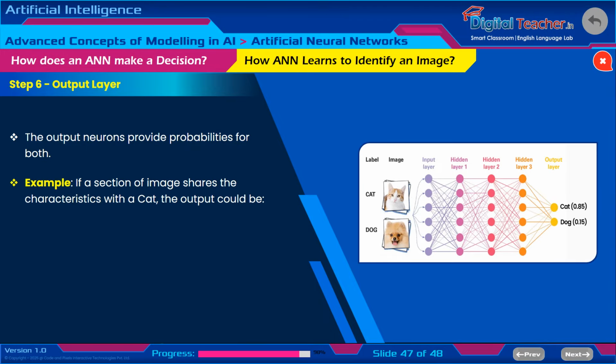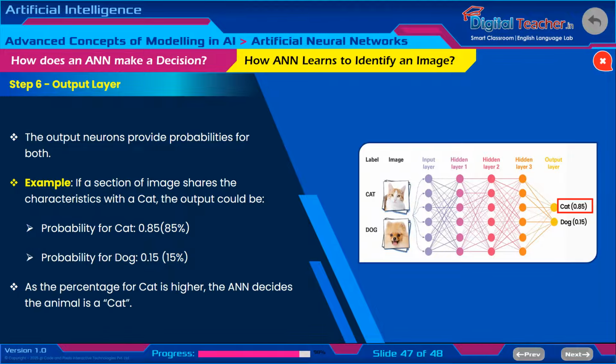Example: if a section of the image shares characteristics with a cat, the output could be probability for cat, 0.85, and probability for dog, 0.15. As the percentage for cat is higher, the artificial neural network decides the animal is a cat.